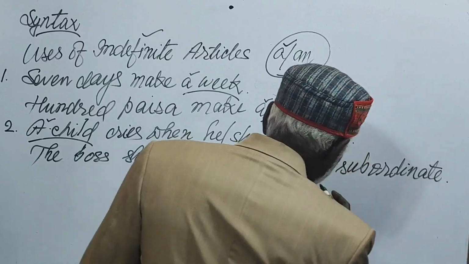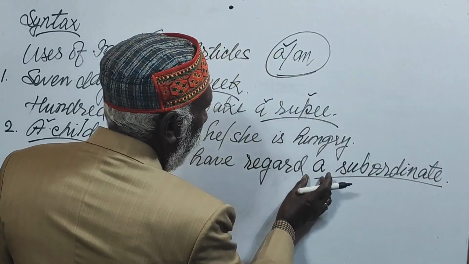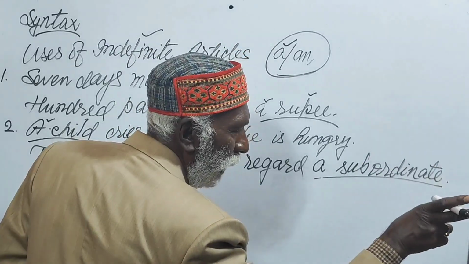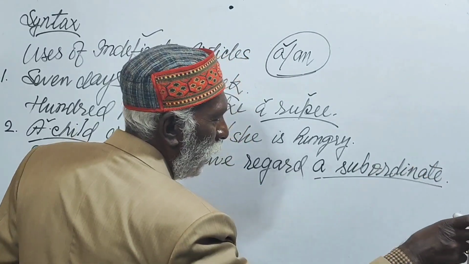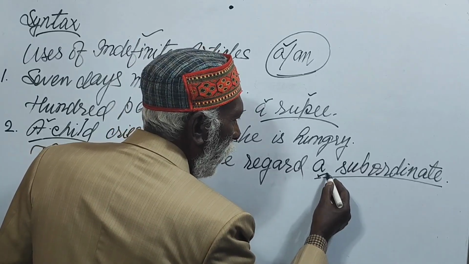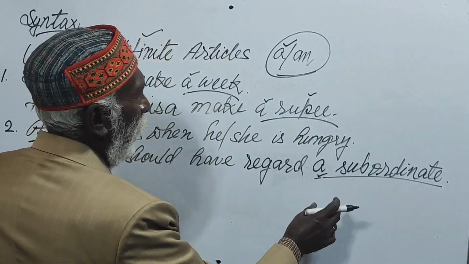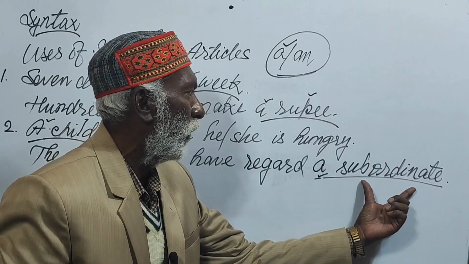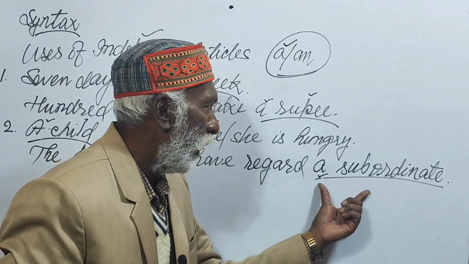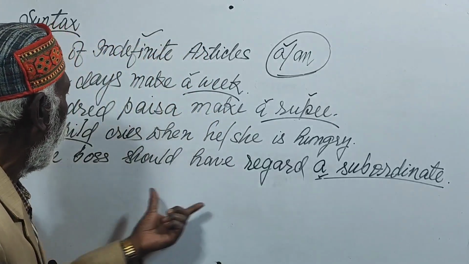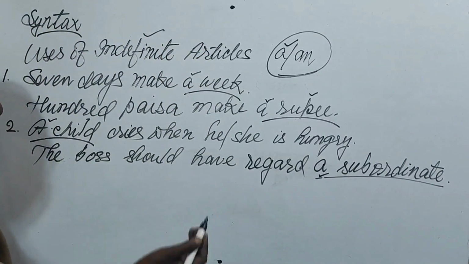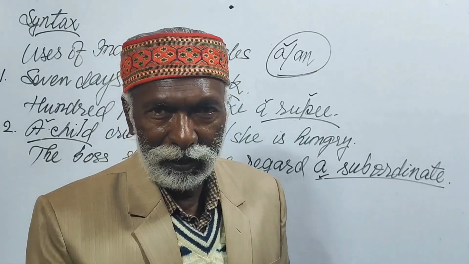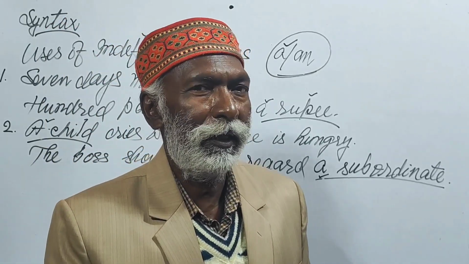Here you see, a subordinate. Subordinate here refers to a group of employees, a class of employees. A has been used here to represent the whole group or class of subordinates. A boss should keep regard for a subordinate, but in India it is not seen. A boss is a boss to dictate to other employees and subordinates.